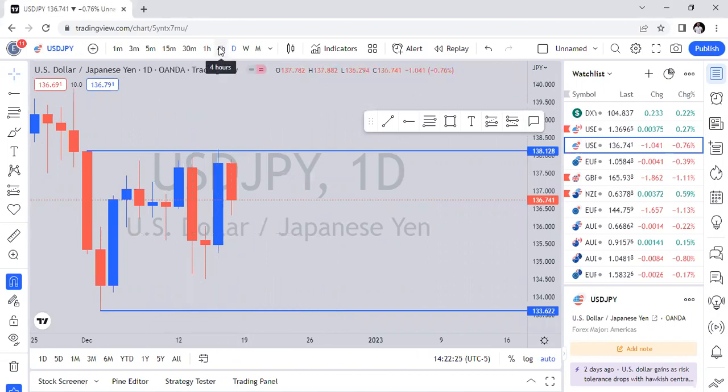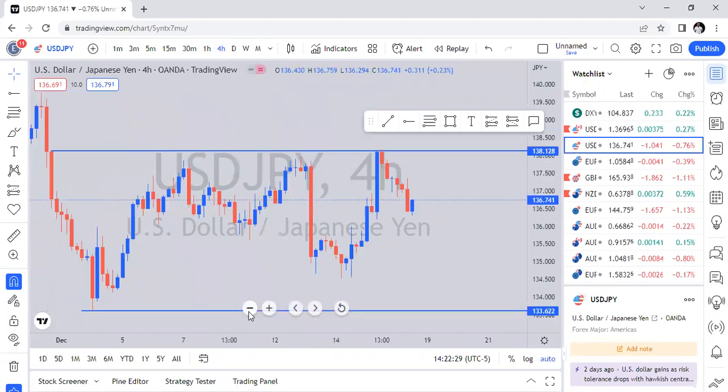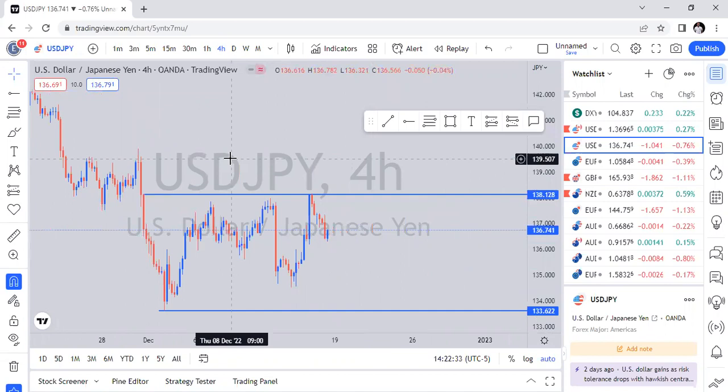If I am going lower, if I come to a lower time frame, I'm now in the 4-hour time frame.